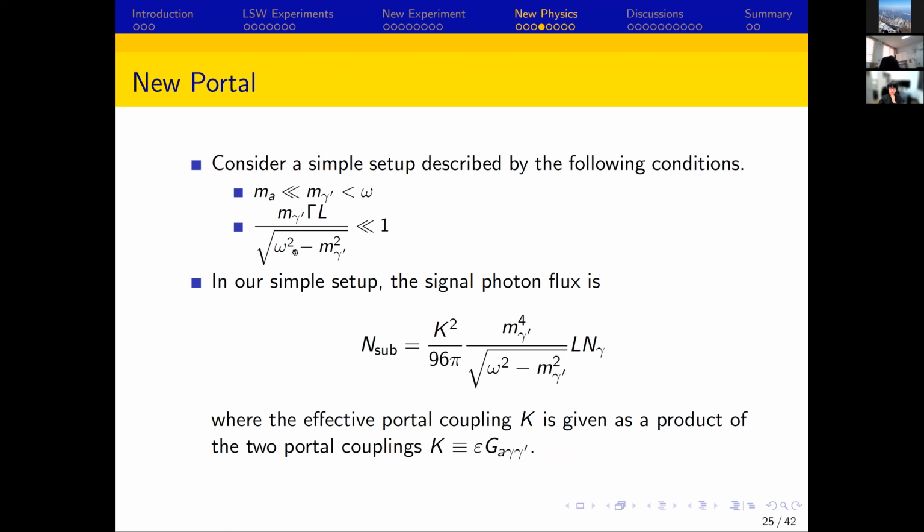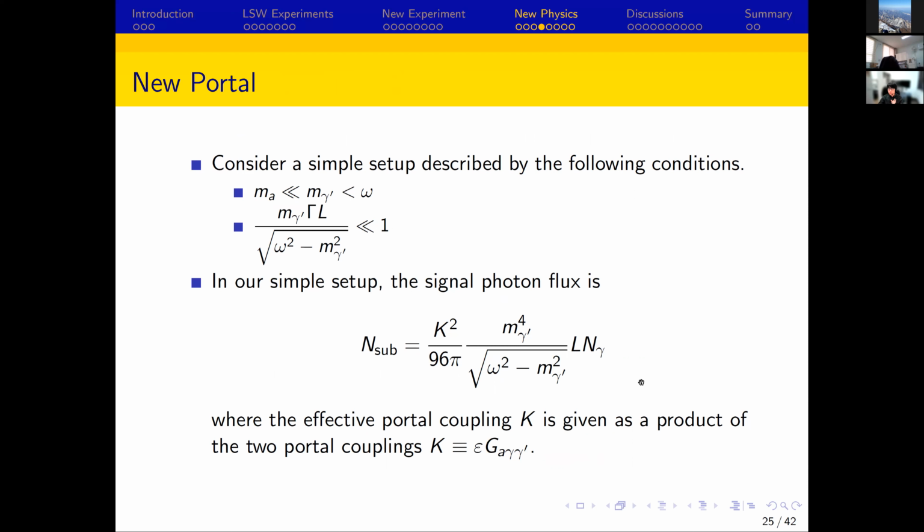The second condition is valid unless the mass of the dark photon is very close to the frequency of the laser. And in our simple setup, the signal photon flux is simplified with this formula.